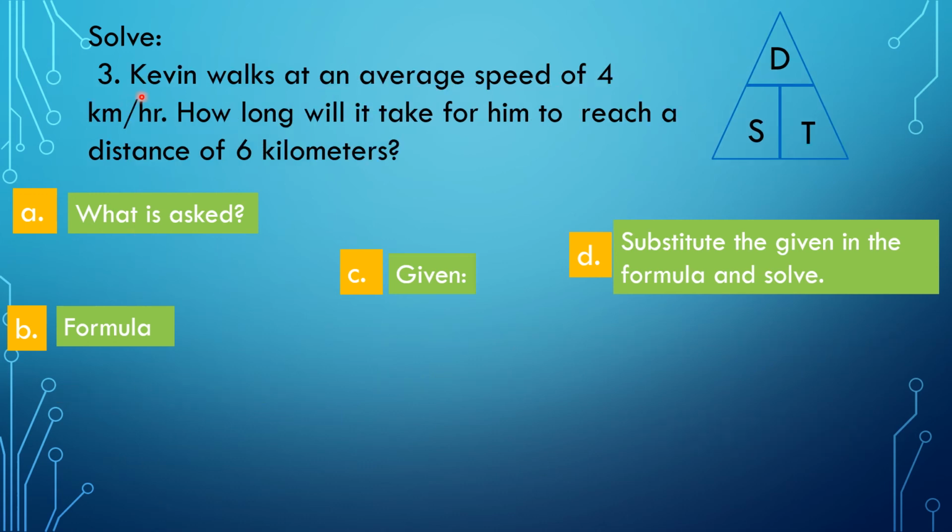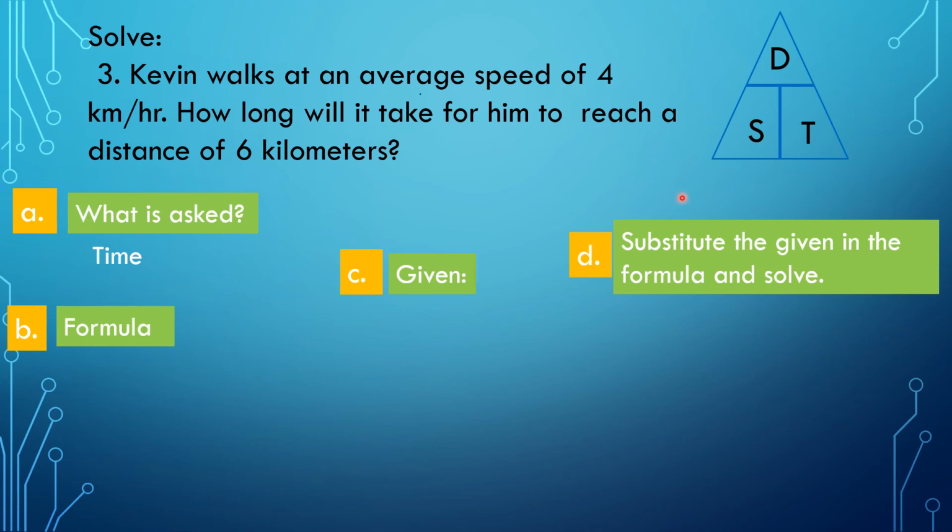Okay, let's have another one. Kevin walks at an average speed of 4 kilometers per hour. How long will it take for him to reach a distance of 6 kilometers? Okay, so now what is asked in the problem is how long, which means the time. And then what is the formula for the time?